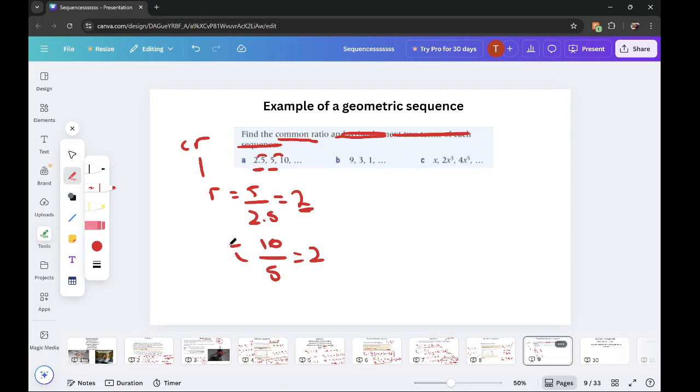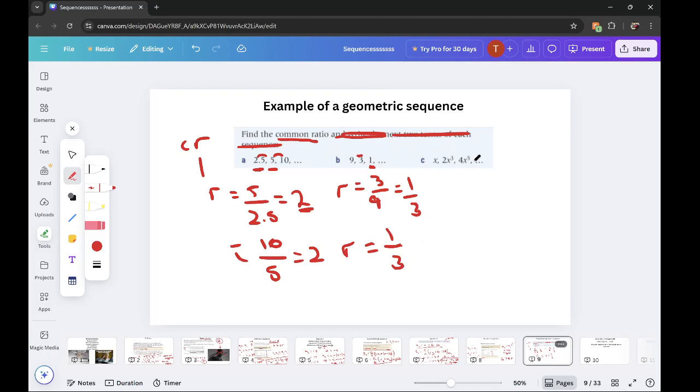Now it's the same over here. Just because it's descending, just because the numbers are getting smaller, doesn't mean it's any different. r is equal to 3 over 9, which is 1 over 3 once you simplify. Let's take 1 over 3 in this case. So r is equal to 1 over 3. It's the same thing.